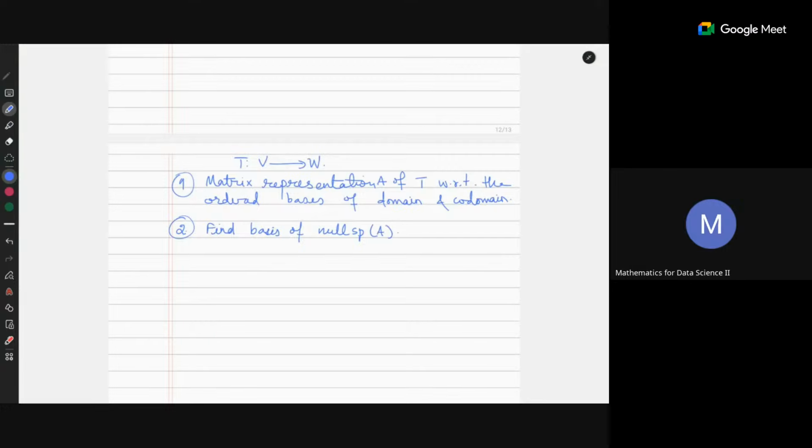Suppose you will get some basis A1 up to AN, with coordinates A11 up to A1N.